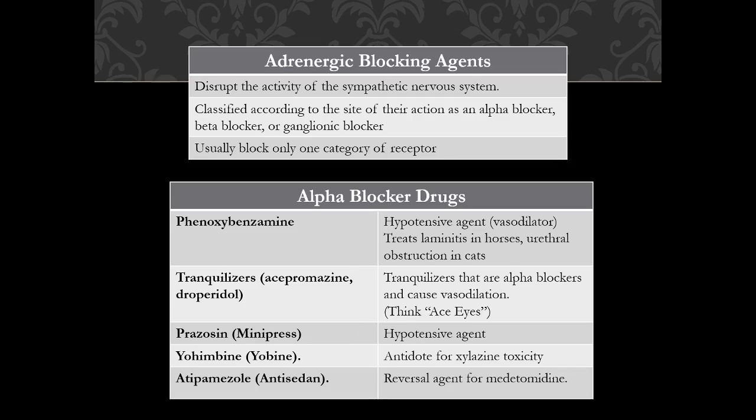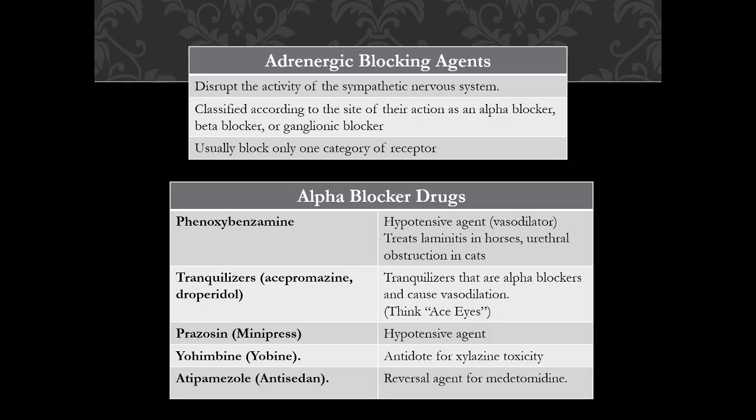Adrenergic blocking agents disrupt or inhibit the activity of the sympathetic nervous system. They're classified according to their site of action as an alpha blocker, a beta blocker, or a ganglionic blocker. Remember, we have that ganglion synapse that connects the CNS, the spinal nerves, to the target tissue. They usually block only one category of receptor.